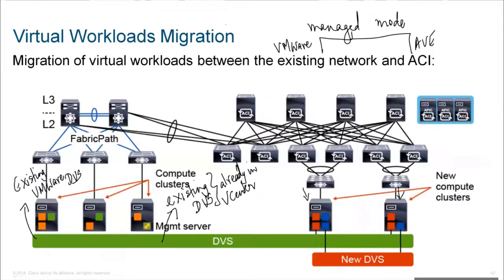So initially, what we would do is, when you go with managed mode, it's always going to create a new DVS. Okay, this is actually a result of ACI creating a new one.